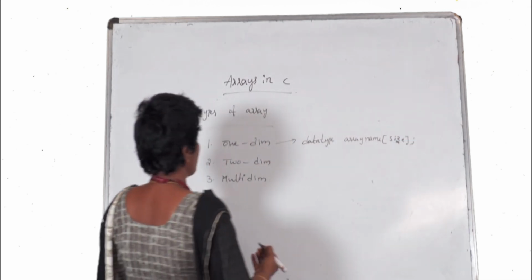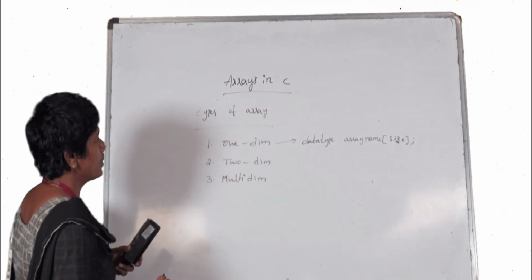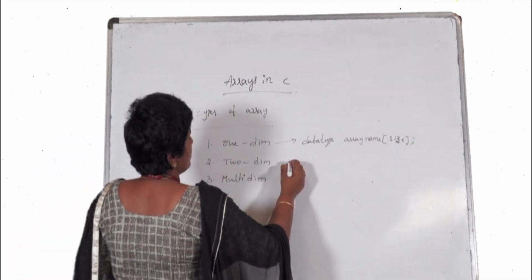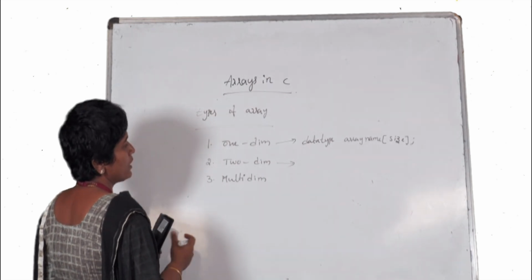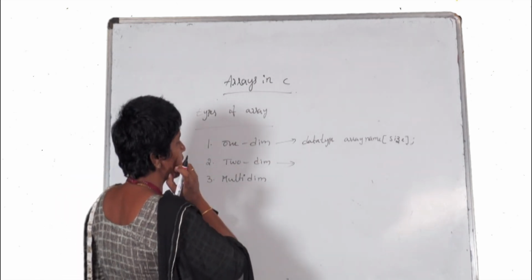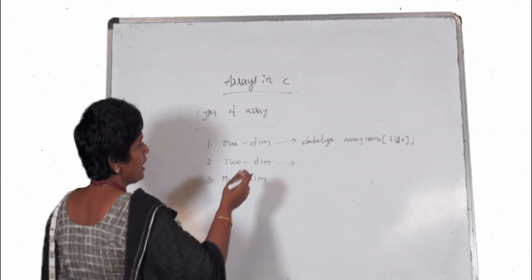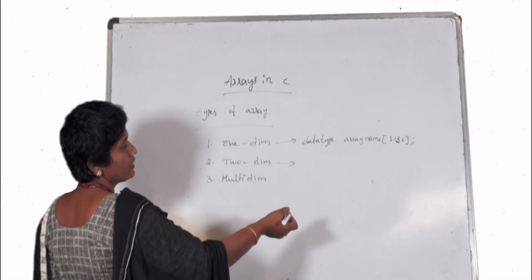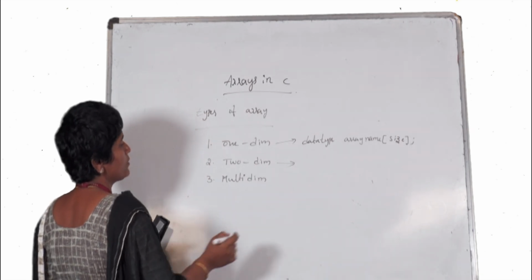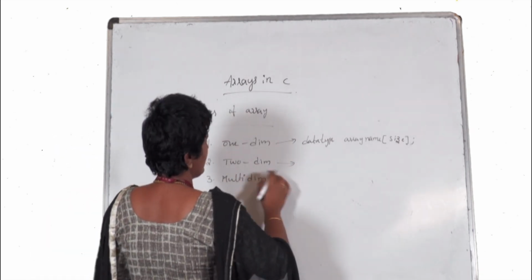So when it comes to the two-dimensional array, we are taking two dimensions. Suppose for example, we will take the array size as the row size and column size. So how to declare the two-dimensional array?